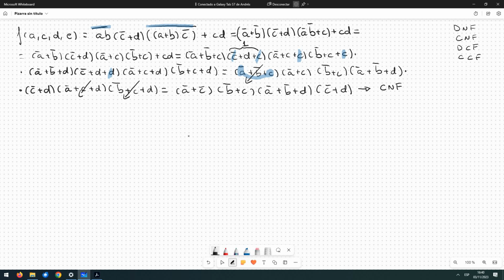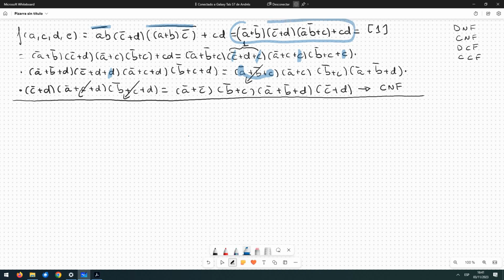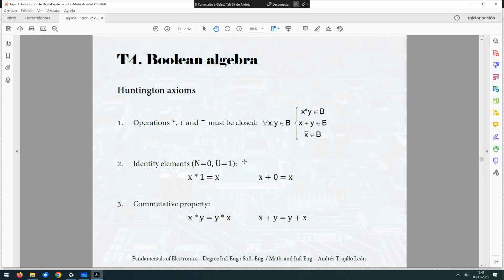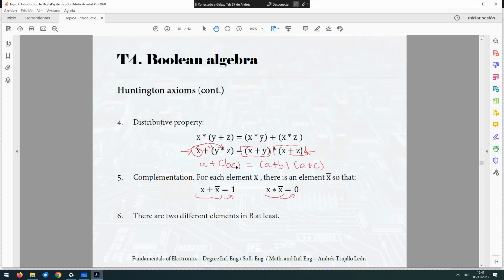So now we are going to look for the rest of the representations. For example, if I start with this expression here of the function, we may apply the distributive property, but the other one.